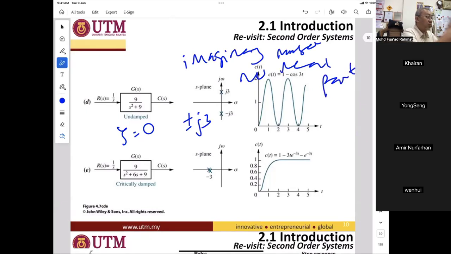The response is oscillations. This one we call the oscillation response. It swings from 0 towards infinity.